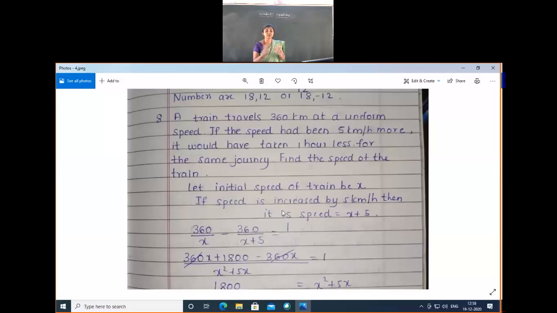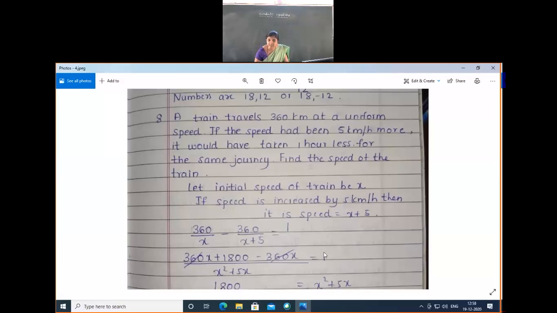Then the difference between the first time and the second time is 1 hour. So they have given that at the initial speed x, the train will cover 360 kilometer. If 5 kilometer per hour extra speed is there, then we need 1 hour less.